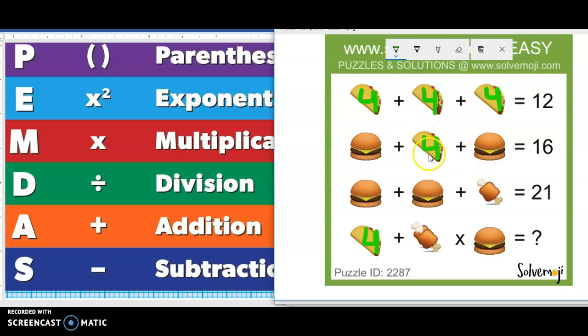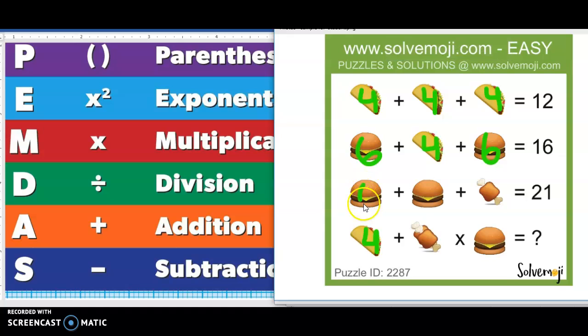Alright, so once again, here I have 4. Gotta have two of the same numbers to get to 16. Well, 16 minus 4 is 12, so that would be 6 and 6. 6 plus 4 is 10, plus 6 more, 16.